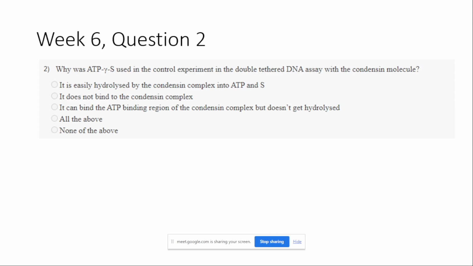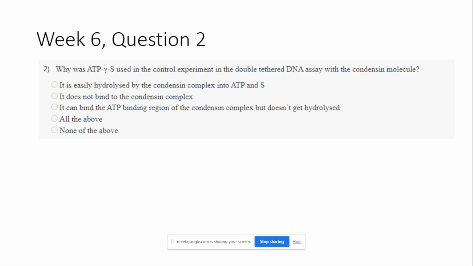So for that, your protein, like condensin here, will not have ATP for a very long time, so that you can do your assay. If you are doing an assay using a protein condensin and its cofactor ATP, and you want to catch a particular time frame, then your ATP should stay in the ATP form.